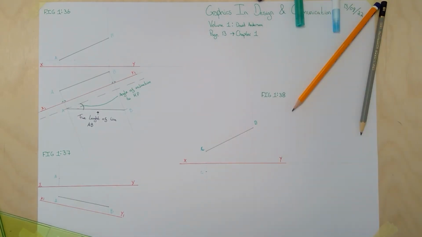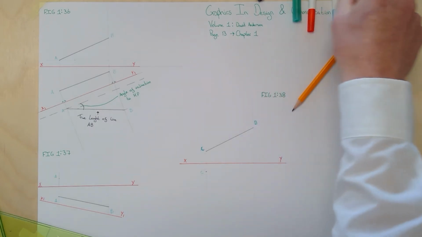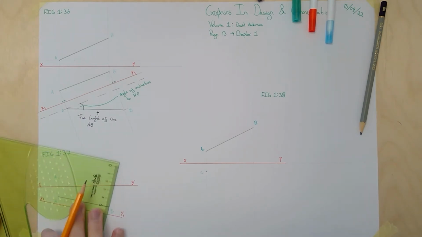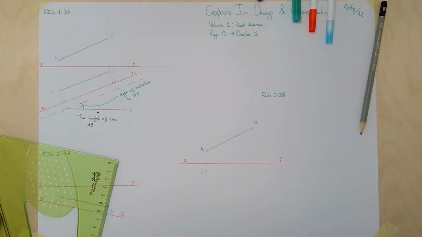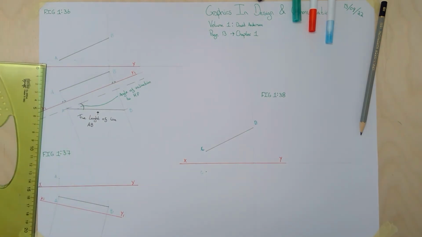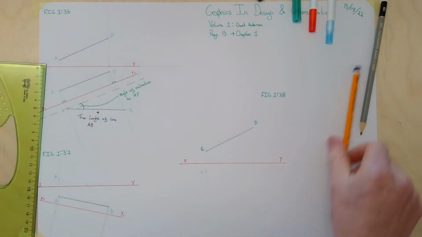Same as before, same as all the questions we've done in class. A and B now get brought down perpendicular to that x1, y1 line. So B gets shot down there, A gets shot down there.